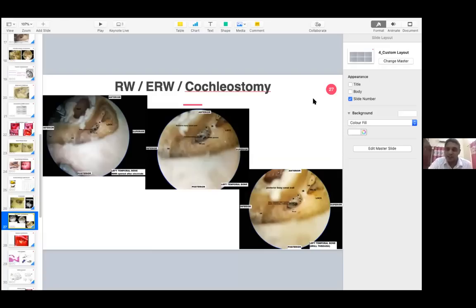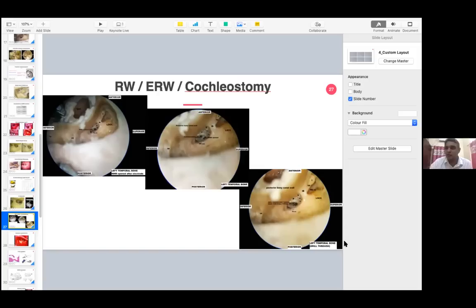Even if there is a response, the currents will be very high, and you can also detect it by seeing high impedances or high currents on ECAP measurements, and you can also identify it if you go for imaging by CT scan, not by an X-ray. If you do a post-operative X-ray on day 1, you may see a kink of the electrode after it has entered the cochlea.